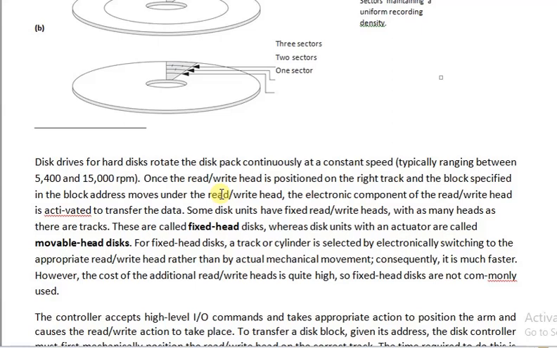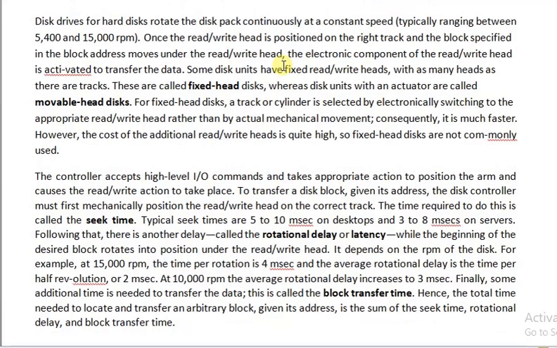Some disk units have fixed read-write heads, whereas other disk drives have movable read-write heads. What is the difference between them? In the case of fixed read-write heads, each track on the surface of the magnetic disk has an individual read-write head unit, whereas in the case of a movable read-write head, there is only one unit which is moved forward as well as backward in order to place the head on the particular track.